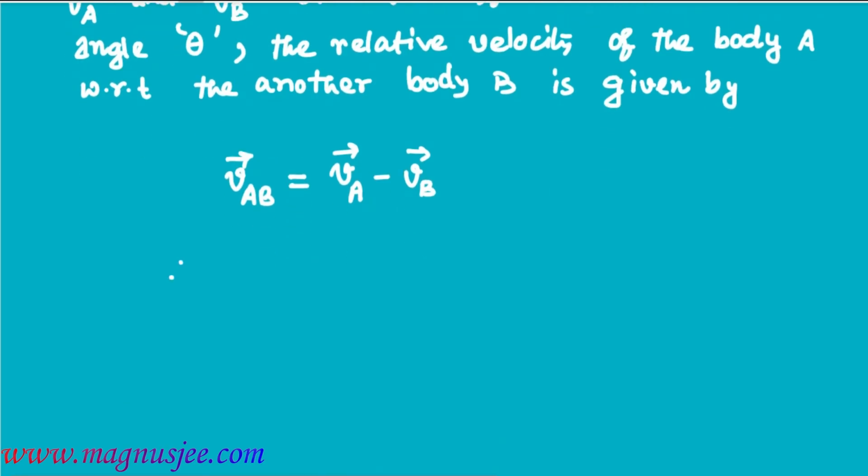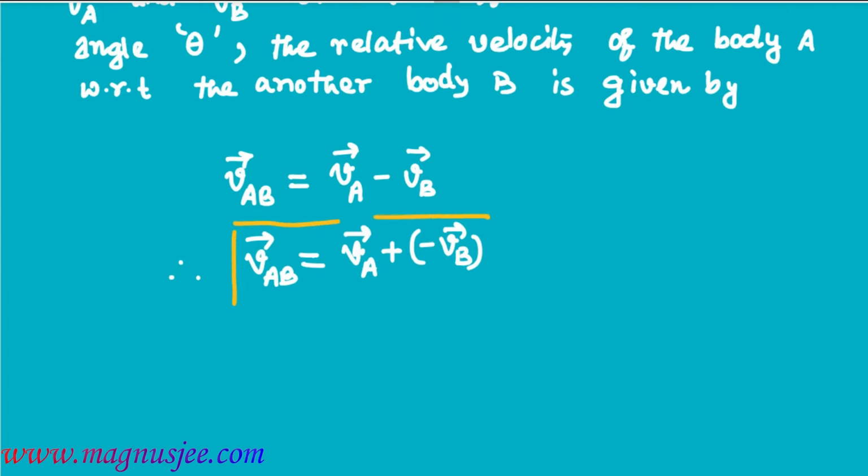Therefore, vector VAB can be written as vector VA plus minus vector VB. That means we have to add vector VA with minus vector VB to get the relative velocity of body A with respect to the other body B.